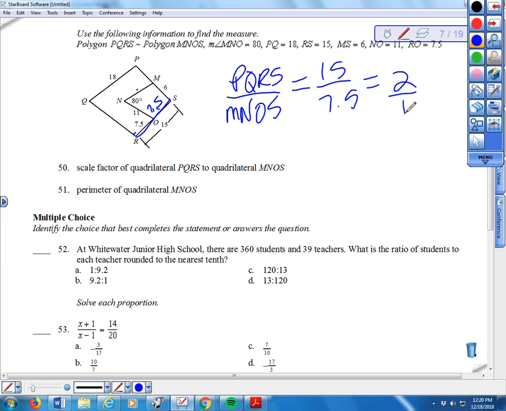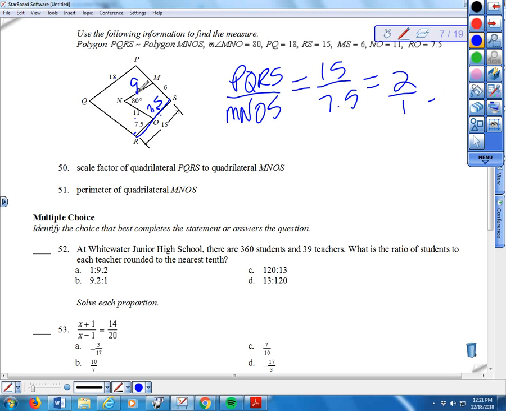I know this is 6, this is 7.5, this is 11. I guess I could just find this side. This is 2 to 1, right? I just said that? Yep. So that means this side must be 9.